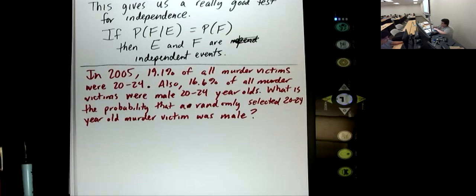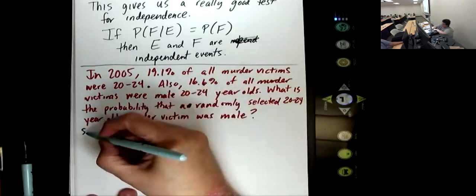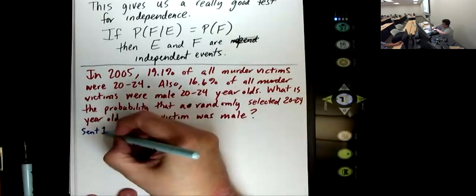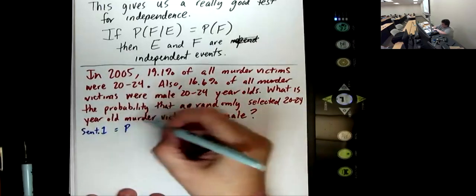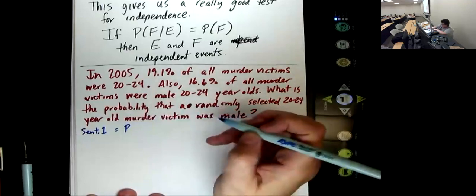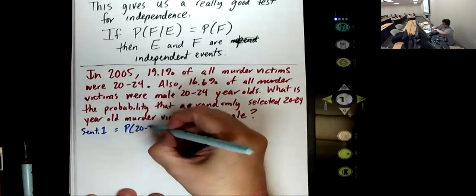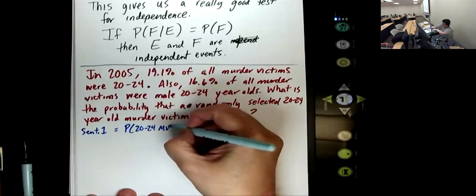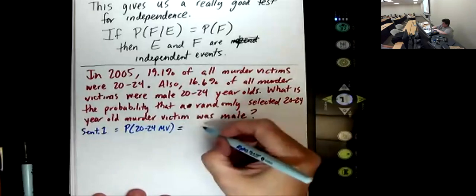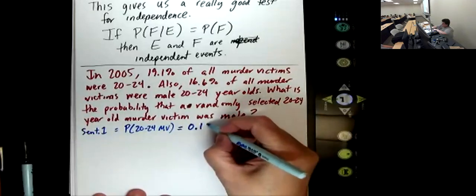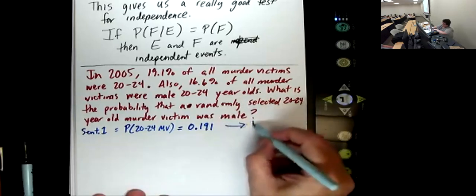Okay, so the first piece of information, sentence one, tells us the probability of being a 20 to 24-year-old murder victim, I'll abbreviate as MB, is 19.1%. As a decimal, it's 0.191.